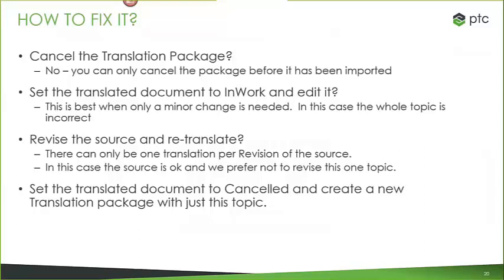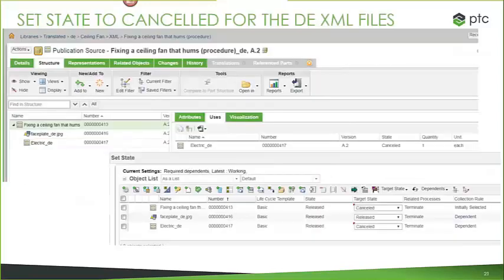Then once we're at the dynamic document, we're going to bring up the Set State dialog, which is what you see at the bottom, and set the translated topic and the translated fragment to the canceled state. Now in this case, we really don't have to send out that graphic again, so we'll leave that as the release state. So just the topic and the fragment we'll set to canceled.